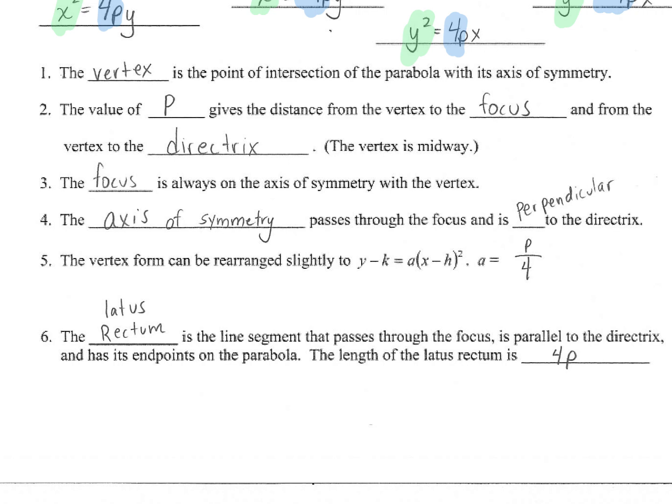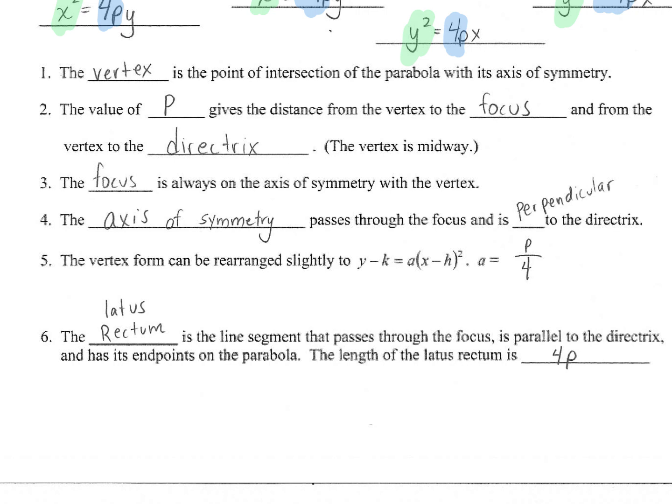Number five, the vertex form can be rearranged slightly to be written in what we would call the transformation form of a quadratic: y minus k equals a times the quantity x minus h, squared. In that case, our a value, that a value that we would have seen back in Algebra 2 and earlier in pre-calc, is now p over 4. So that a value, which told us about vertical stretch and vertical reflection of our parabolas, is now a component.